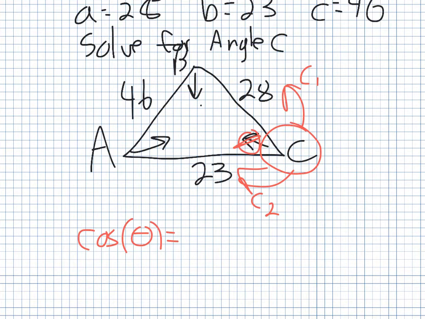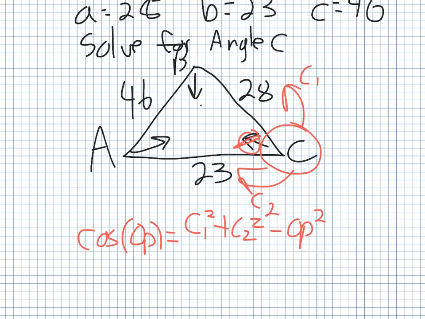actually, sorry, I should call that the opposite. My apologies, folks. Cosine of the opposite angle equals C1 squared plus C2 squared minus the opposite side squared.